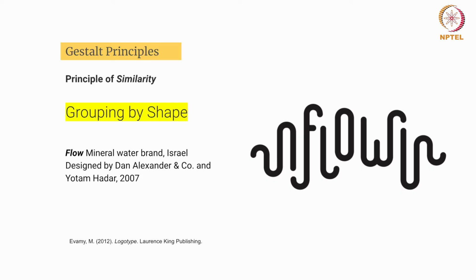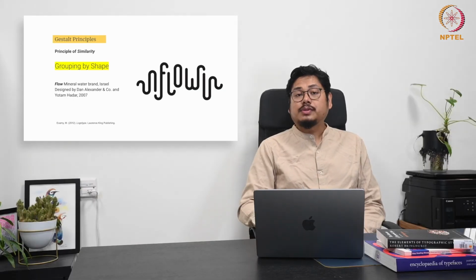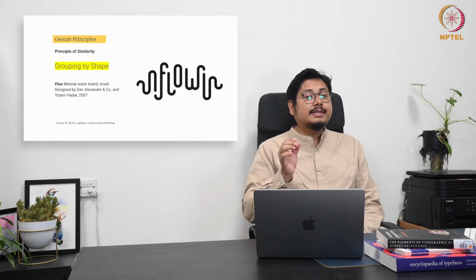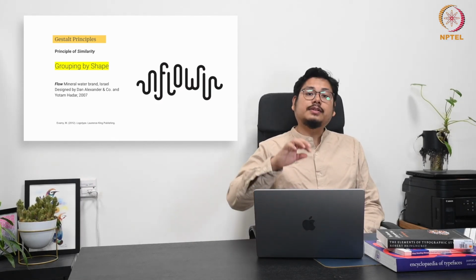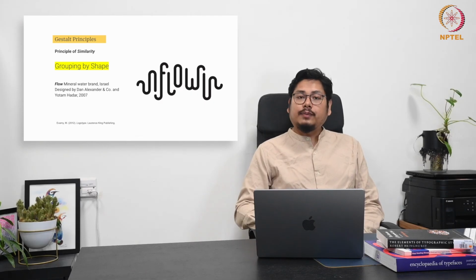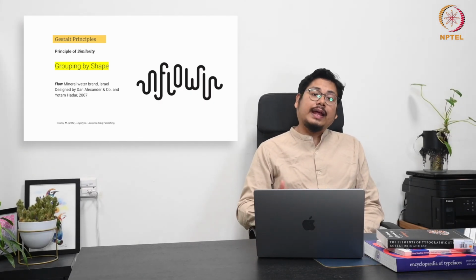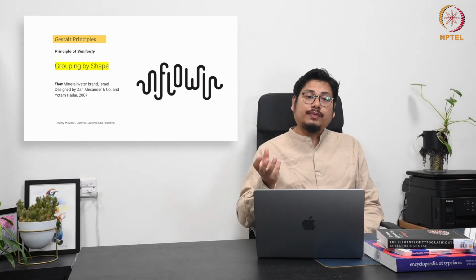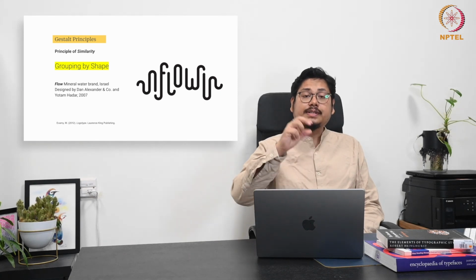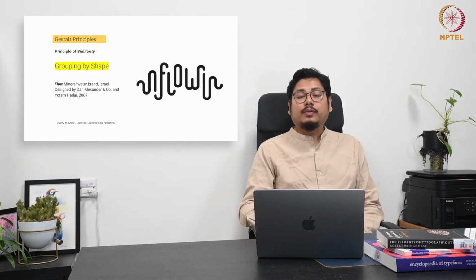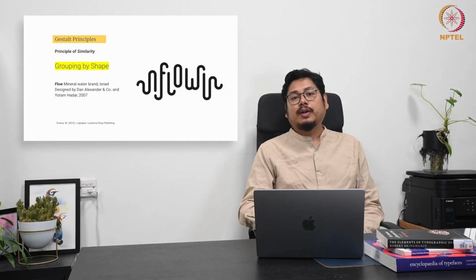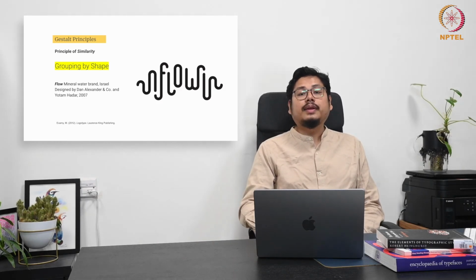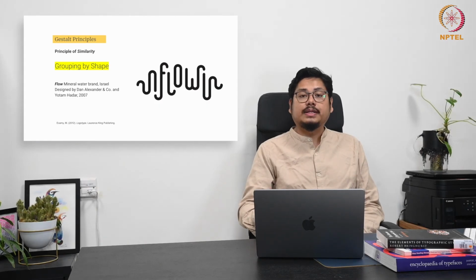This is a very good example where you can use the Gestalt principle of similarity, maintaining the same shape while exploring the logo. Even though the elements' shapes can be different, if the stroke shape is similar, the logo will look more balanced and connected as a whole, and the idea of unity will be projected in a more harmonious way.